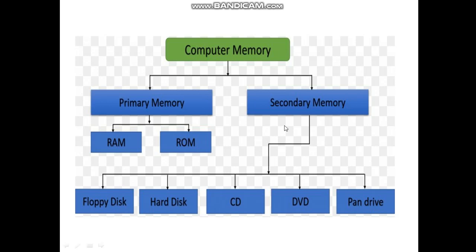Now next is your secondary memory. You can see there are different types of storage media. Secondary memory: to store a large volume of data permanently, we need a secondary storage device. It is non-volatile in nature. It is a permanent memory.